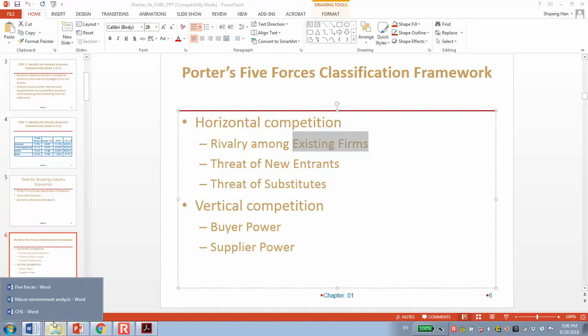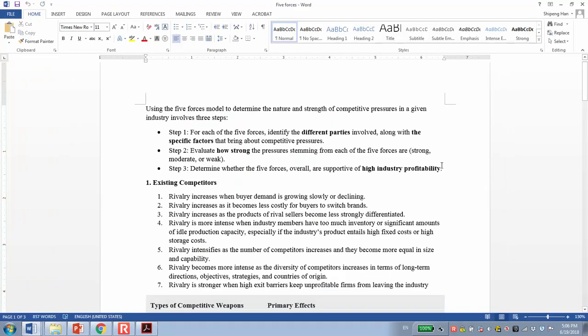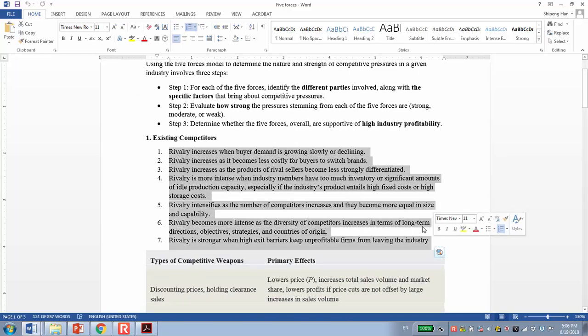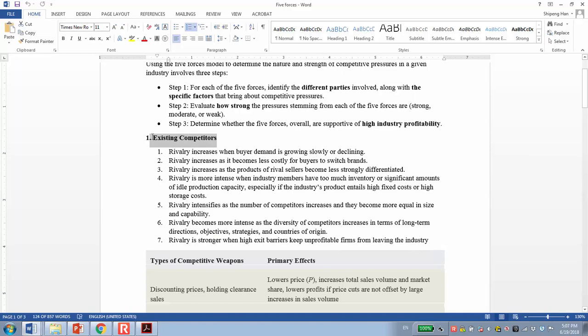I also have the documents show you more details of the 5 forces model, and for each force there's a list of the factors you may consider. Okay, that's existing competitors. There are multiple factors.